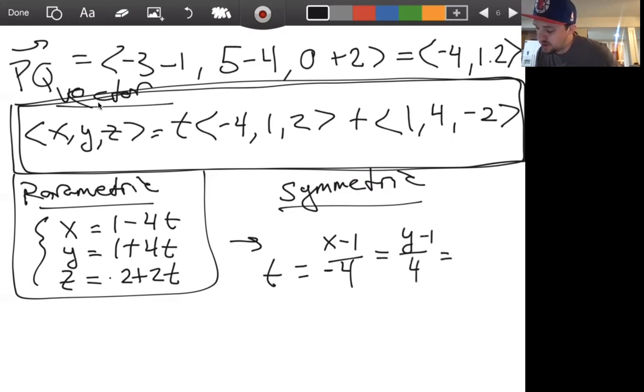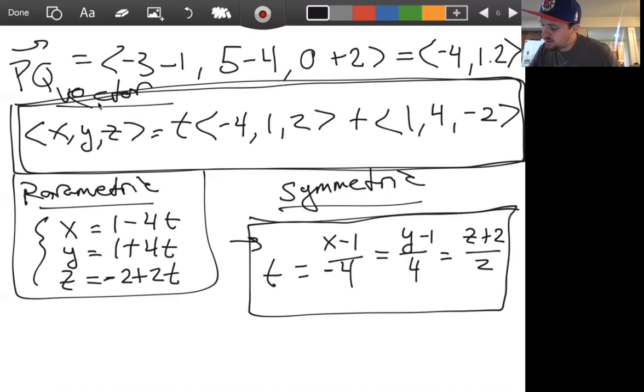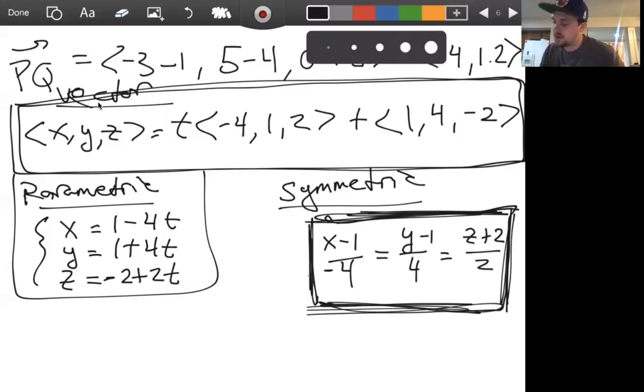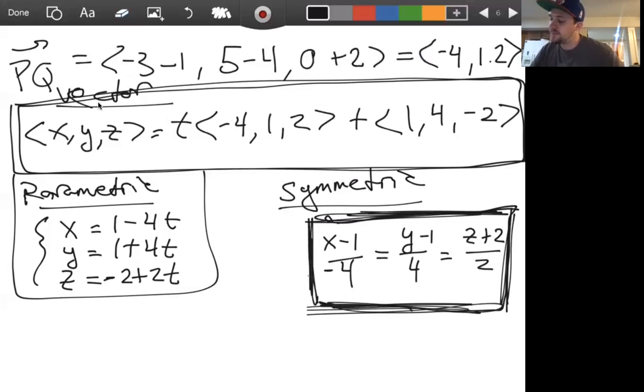And for z, this is a negative here, so you get z plus 2 over 2. And here's the symmetric. Really, we want to eliminate the parameter t, so you just want everything over here. We'll forget about t, because the reason we set them all equal was to eliminate t and just look at this purely in Cartesian coordinates here.